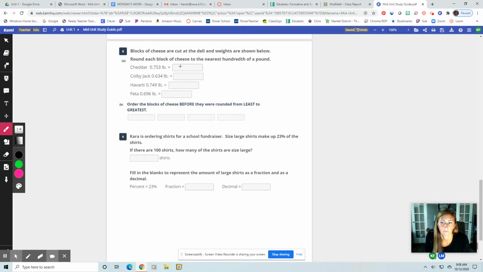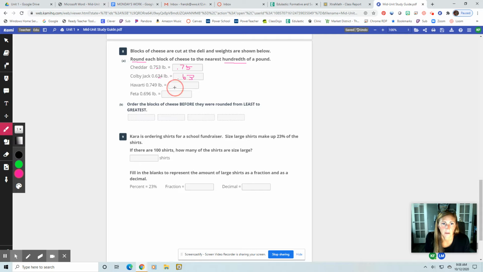All right, last two questions to check. So we have blocks of cheese, and the deli is weighing them, but we need to round them each to the nearest hundredth of a pound. So when you round the cheddar to a hundredth of a pound, you would have 75 hundredths. And then Colby Jack would be 63 hundredths.